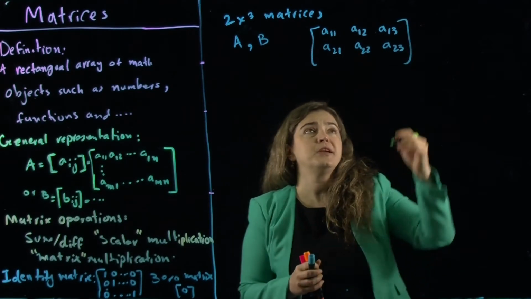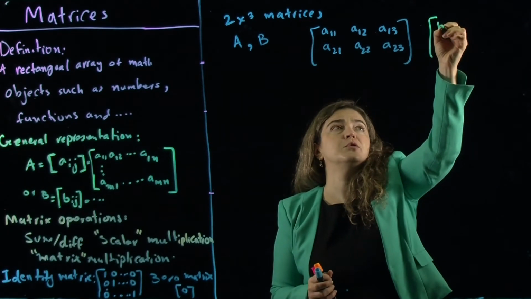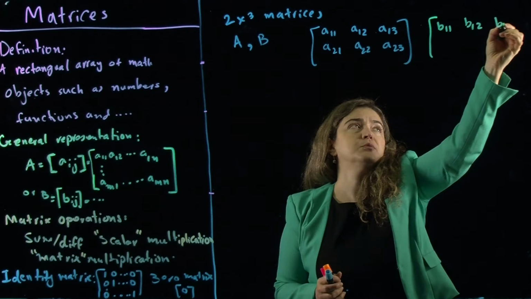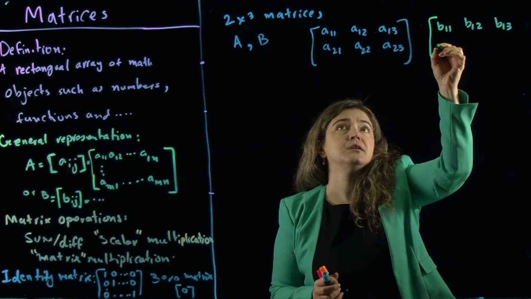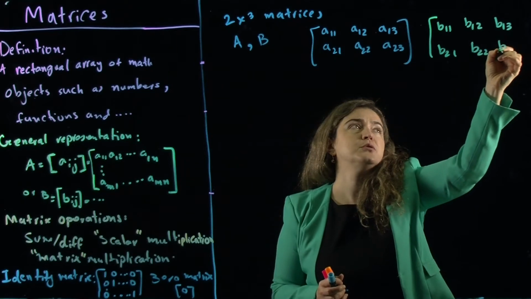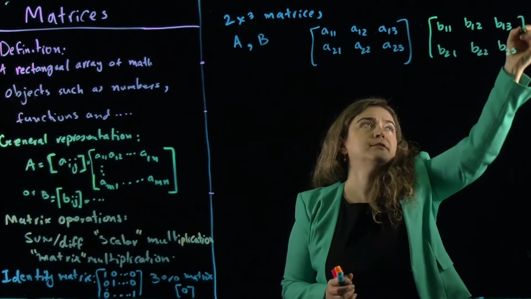And then for matrix B, I can show B1, 1, B1, 2, B1, 3, B2, 1, B2, 2, B2, 3.